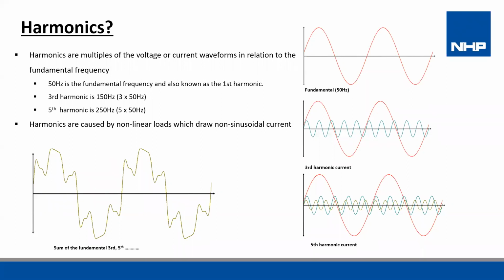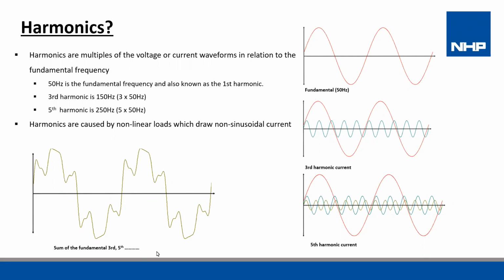We can see the different harmonic current waveforms of various orders: the fundamental at 50 Hertz, or the first harmonic, then the third harmonic, then the fifth harmonic current shown.